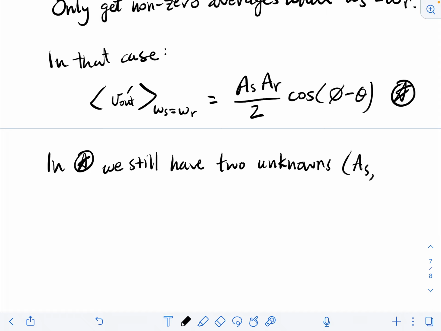We know the reference amplitude and the reference phase. So we have two unknowns and only one equation. And so we can't independently solve for either the amplitude or the phase. So we need another step, and so I think we're on step 4. Step 4.